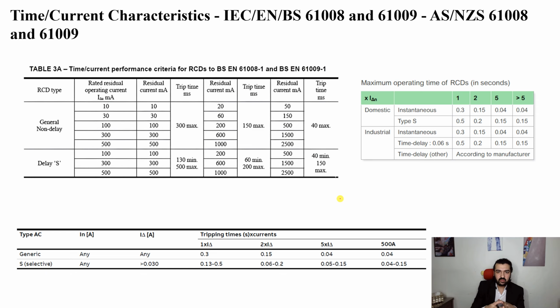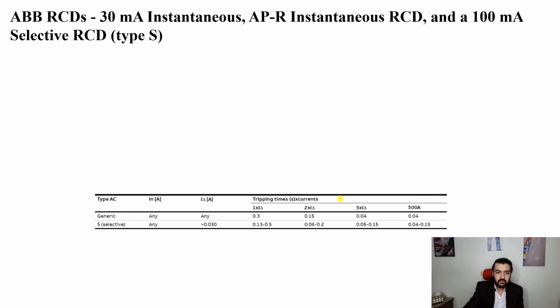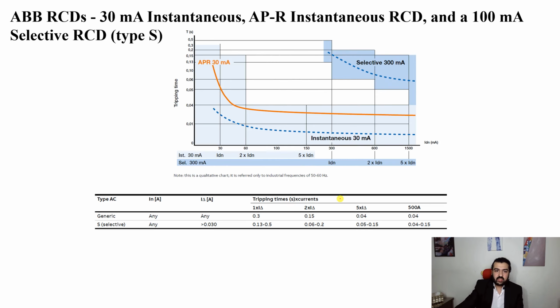Now let's look at the time current characteristics for an RCPO, for generic, selective, and another type which we will discuss. Okay, let's look at this. First, these are the time current characteristics for instantaneous 30 milliamperes by ABB.